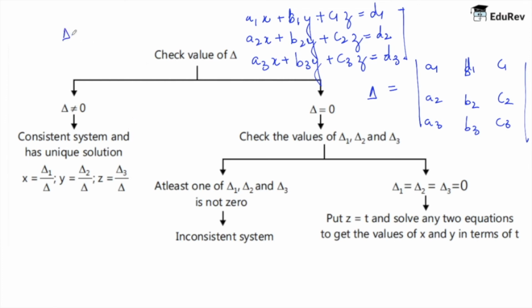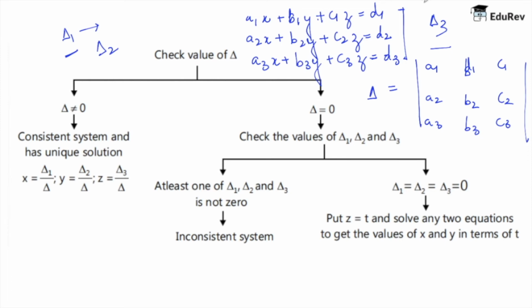So determinant 1 will be when I am going to replace a1, a2, a3 with d1, d2, d3. Determinant 2 will be when I am going to replace b1, b2, b3 with d1, d2, d3. And similarly determinant 3 will be when I am replacing c1, c2, c3 with d1, d2, d3. So we know what is determinant 1, 2 and 3.